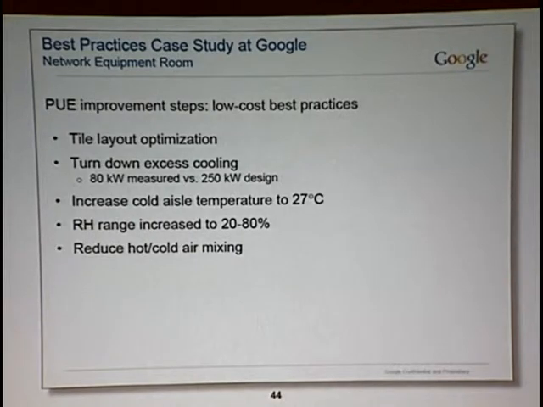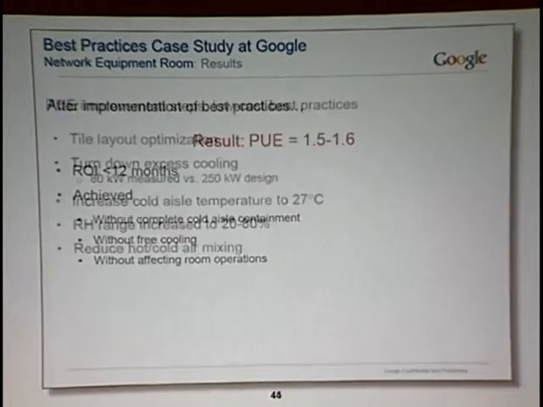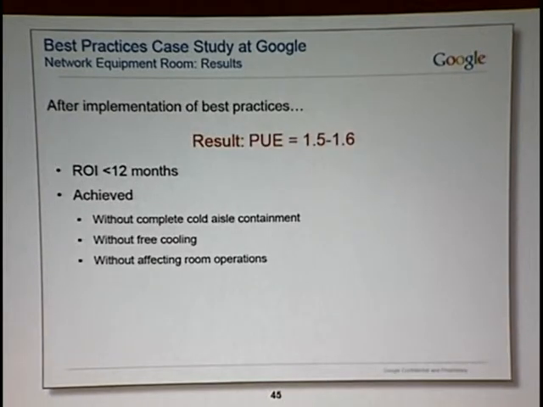They did a little bit of separation of hot and cold, and they increased the temperature of the cold aisle from, I think, about 74 to 81 degrees. So they went up 5 or 6 degrees in their cold aisle. They were able to knock 30% to 50% off of their overhead, and they got their PUEs down to 1.5 to 1.6, with a return on investment for all the stuff they did of about 9.5 months.